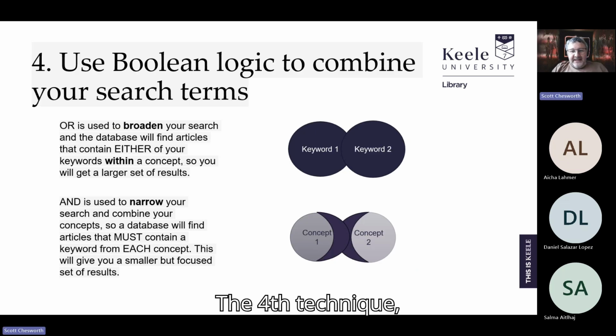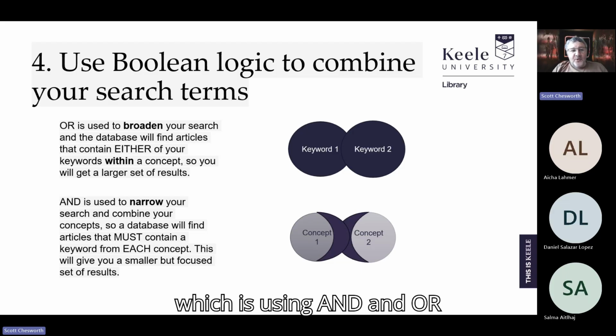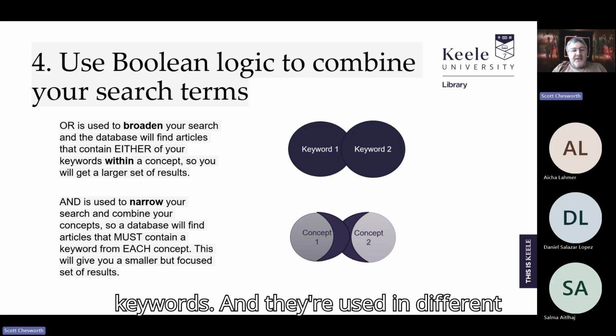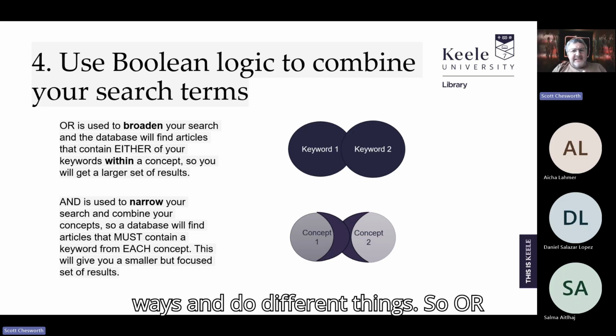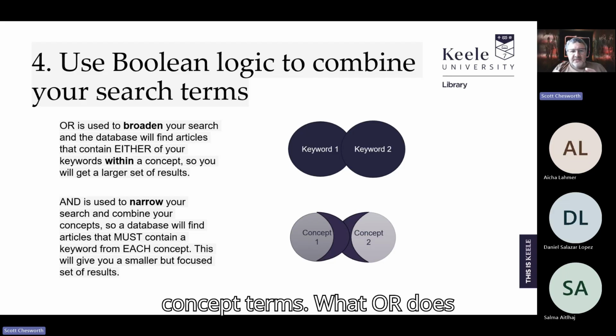The fourth technique is to apply what's called Boolean logic, which is using AND and OR specifically within our keywords. And they're used in different ways and do different things. So OR comes between the keywords within your concept terms.